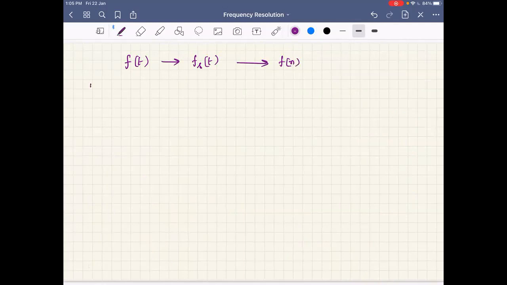Now, this is the initial signal, with analog frequency information. And this also has analog frequency information.